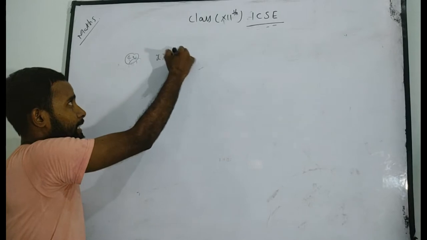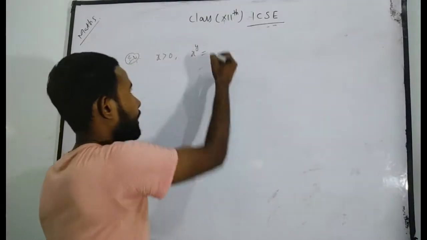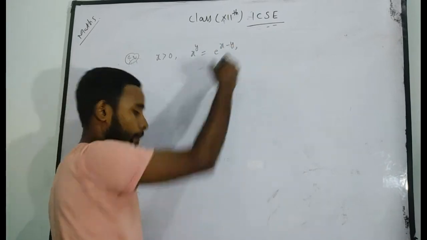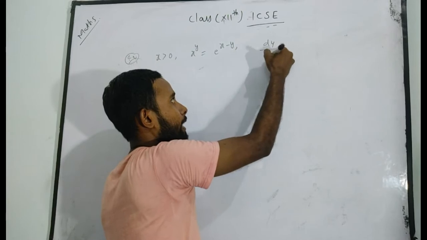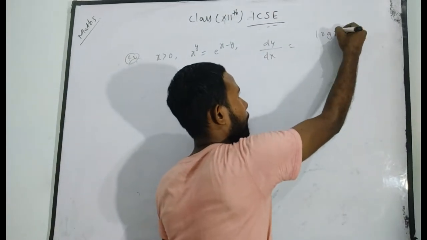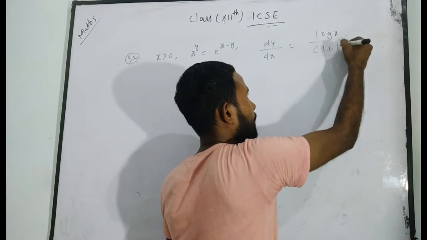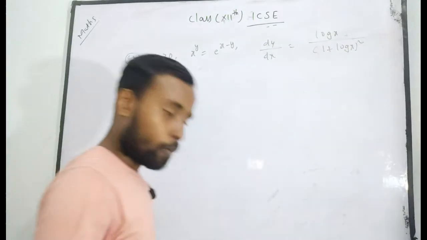If x is greater than 0 and x to the power y is equal to e to the power x minus y, then you have to prove that dy/dx is equal to log x upon (1 plus log x) whole square. I think you understand it very well.